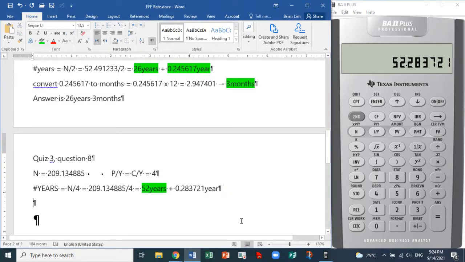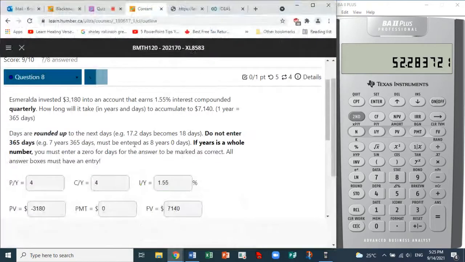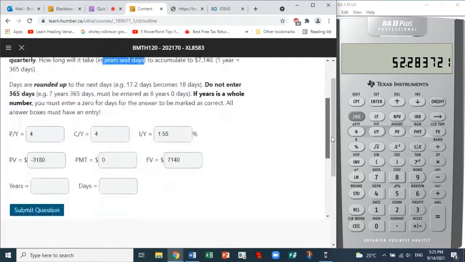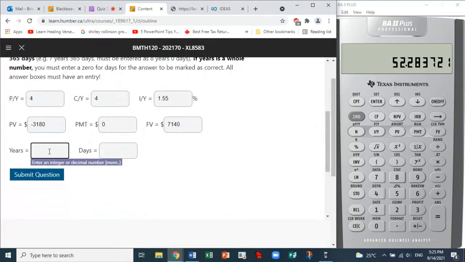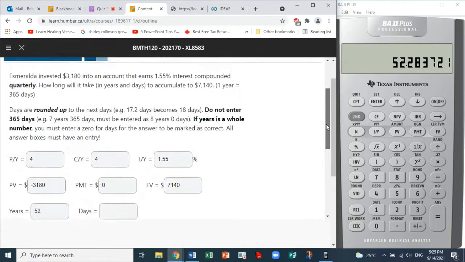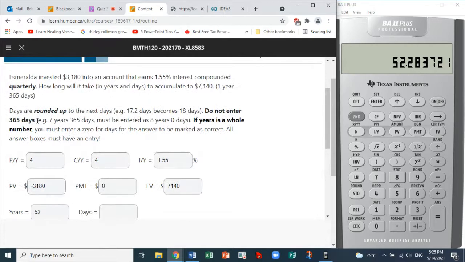So now we have to convert to what? Well, we're asked for years and days here, right here. Years and days. So one part of the answer is 52. And then 1 year is 365 days. Okay.